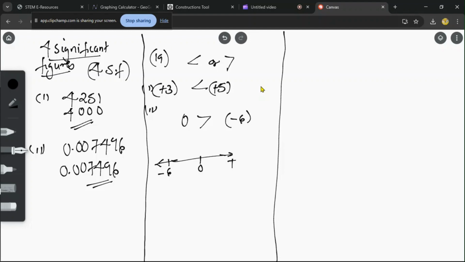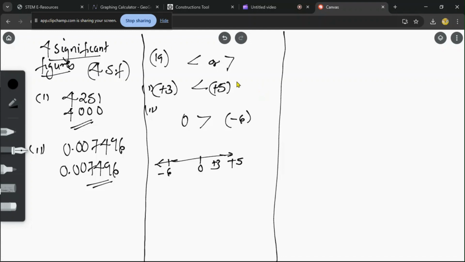The more you are having them on your right, the more they are becoming bigger. The same case to this. Plus 5 is ahead. If here is having 5, plus 3 is maybe somewhere behind. So this one is greater than this, meaning that this is less than that. Plus 3 is less than plus 5. 0 is greater than negative 6.